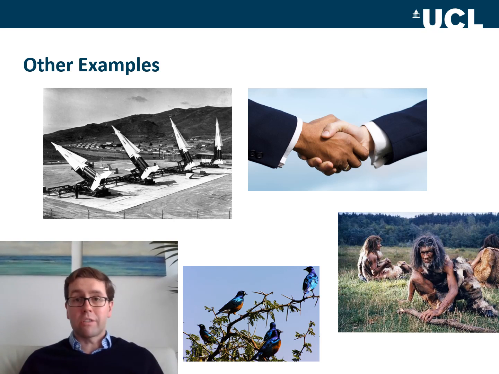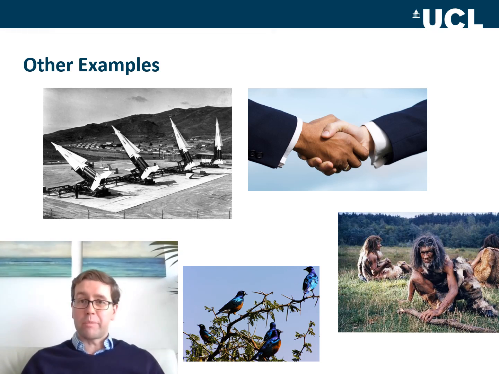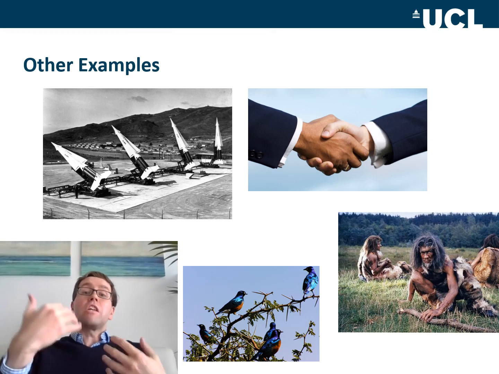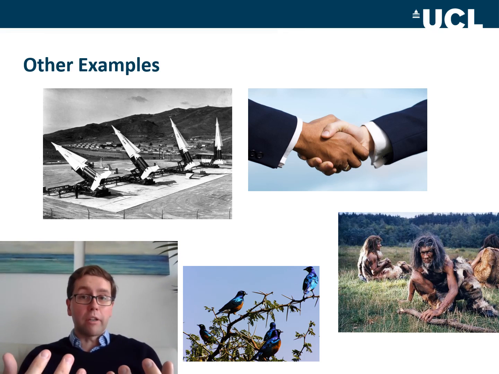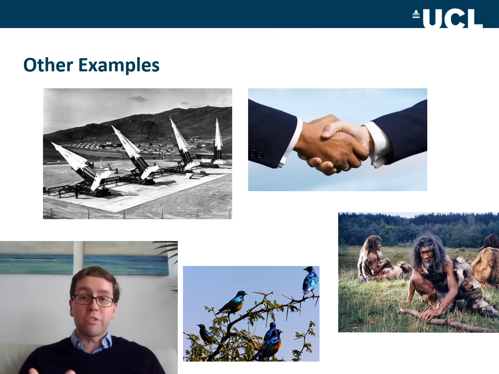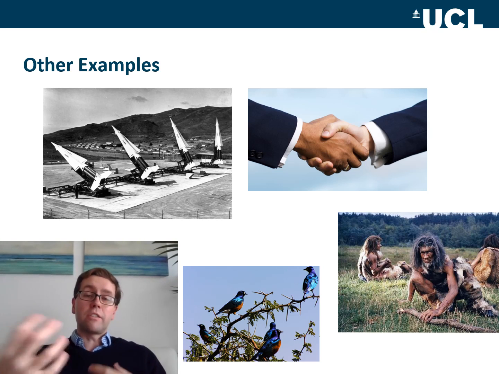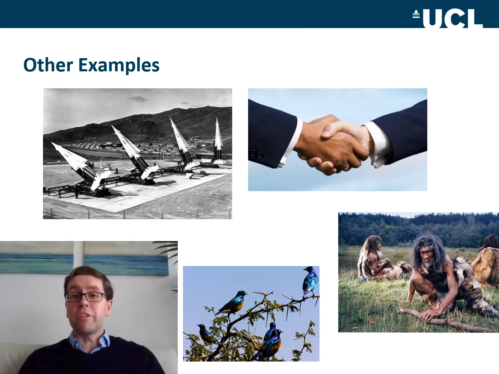It's incredibly costly, and you don't have to be able to destroy the other side 50 times over, right? But if you think that the other side is developing new weapons, you're better off also keeping up, right? So it's an arms race kind of logic. You would be better off agreeing to limit this, but if you think the other side is doing it, you're better off doing it as well. So you end up in this bad equilibrium where you continue with it.